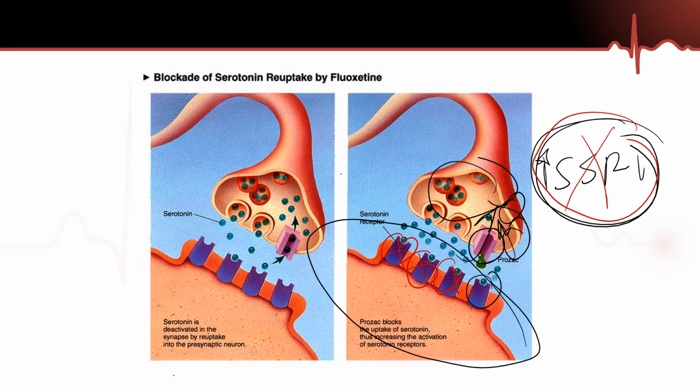If the person just stops taking this SSRI and all of this serotonin is now being kicked back into the neuron, leaving way less serotonin in the interstitial fluid, coupled with the fact that this person heavily downregulated the number of receptors that they have for serotonin. What's the likeliness now that this neuron here is going to be able to generate action potentials? It's going to be close to nothing.